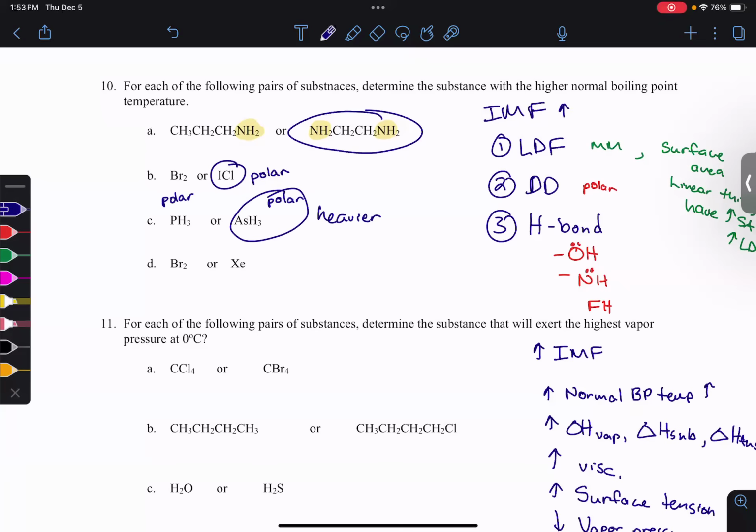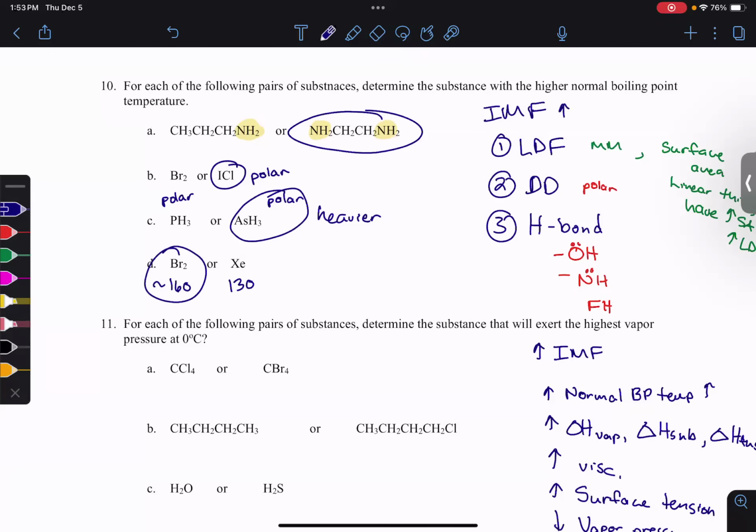And then the last one here, Br2 or Xe, xenon. Both of these are nonpolar, so you might want to look at molar masses. Can I calculate this? Bromine is about 160. Xenon is 130. So here we see bromine is heavier.